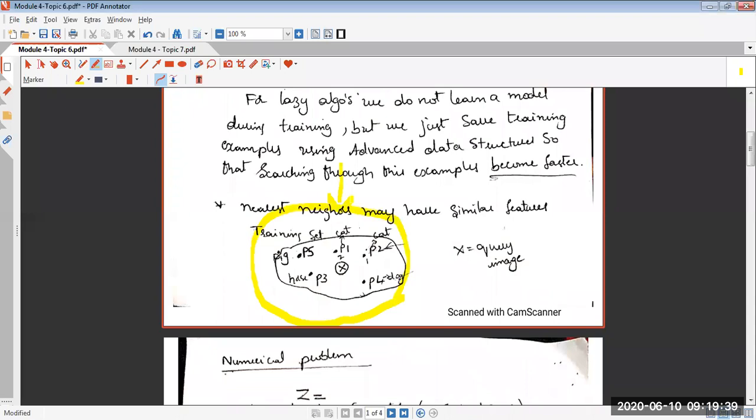That observation, or historical data, is already there. Point P2 is the same thing: an advanced data structure which contains the data about the image of a cat. Similarly, P3 is the image of a horse, P4 a dog, P5 a pig. This is the training data, which is stored in an advanced data structure.